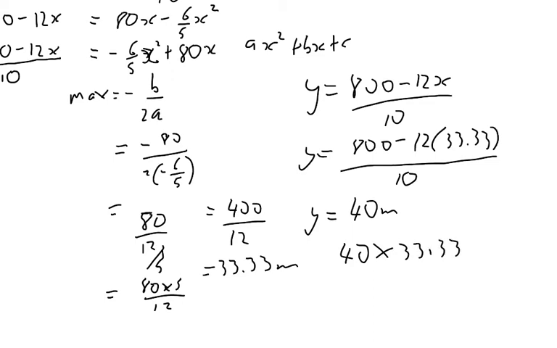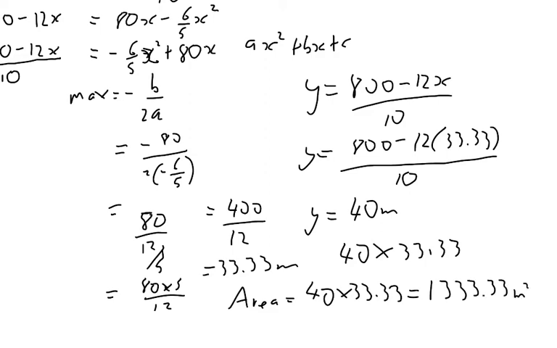Which means the maximum area, the area of each pen, is going to be 40 times 33.33, which equals 1,333.33 meters squared. Don't forget those dimensions are in meters.